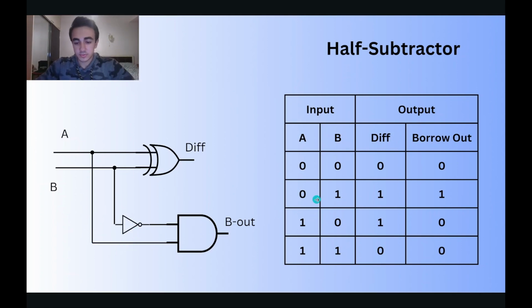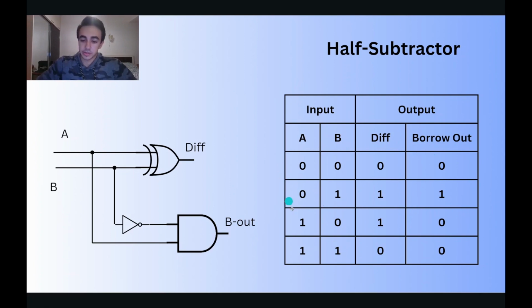And let's review this in cases. Let's review the first case. Both are zero. When both are zero, the XOR outputs zero. But when A is zero, the NOT gate inverts its value so that we get one here. B is zero. So the AND gate, when it has inputs 1 and 0, outputs 0.